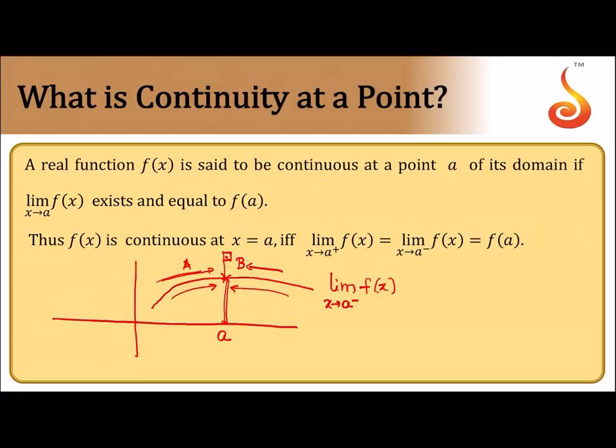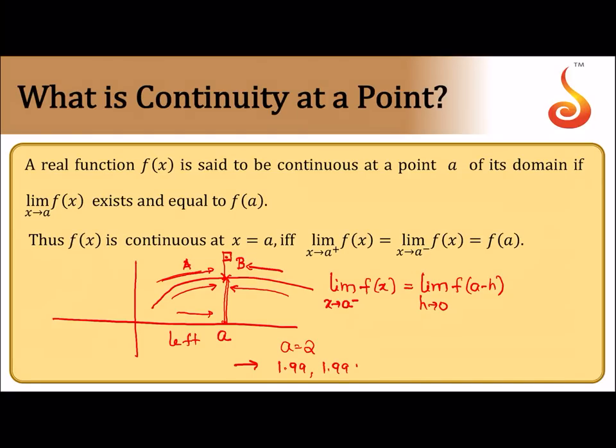Mathematically, what is the meaning of it? The limit as x tends to a minus of f of x. The meaning is you are approaching a from the left. This can again be written as the limit as h tends to 0 of f of (a minus h).